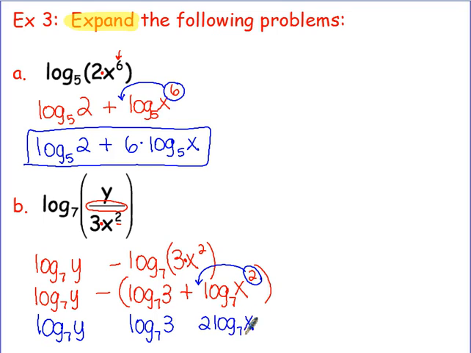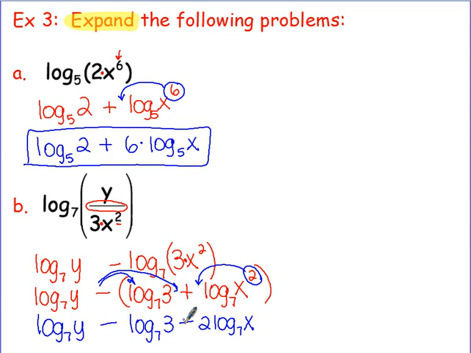Now, the other thing that I'm going to do at the exact same time is deal with this subtraction sign. The subtraction sign goes with this log and with this log. That's an important piece. You're not allowed to have parentheses. So I'm going to subtract the first log and I'm going to subtract the second log.